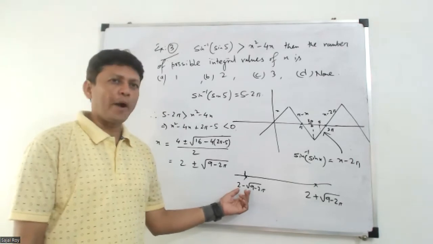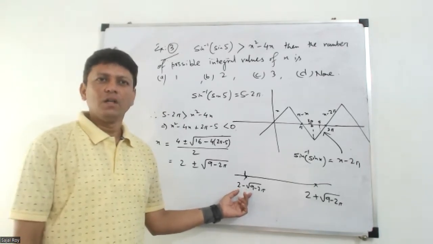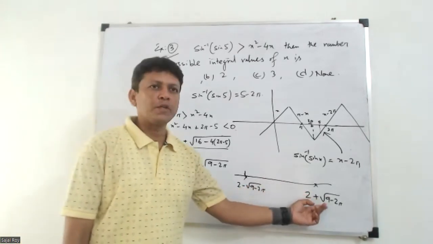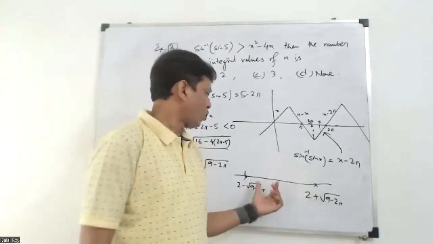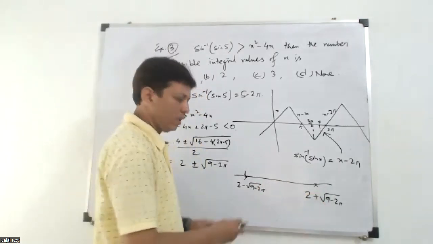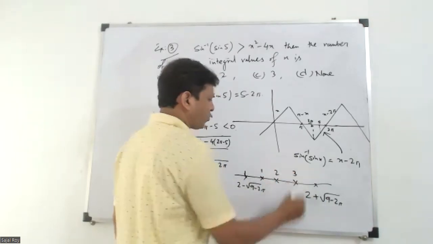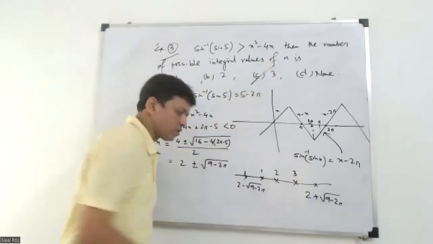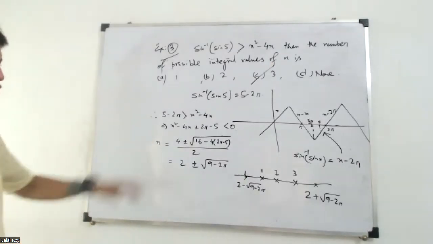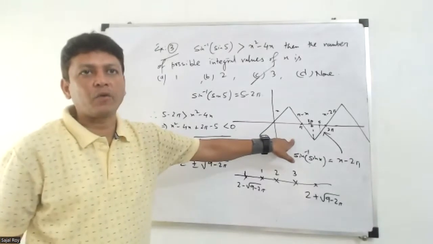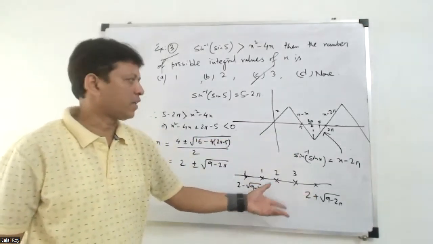So 2 minus 1 point something means it's 0.7 around, and this will be 3 point something. So how many integers? You have 1, 2 and 3. So there will be 3 integers. So you see, the graph is the main part of the question. All other parts are easy. This is calculation. Nothing is there but the graph.